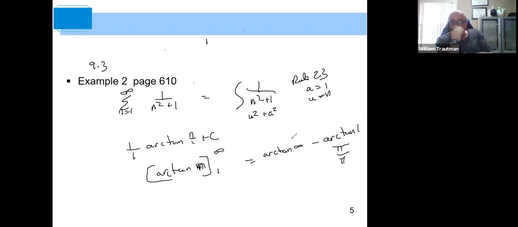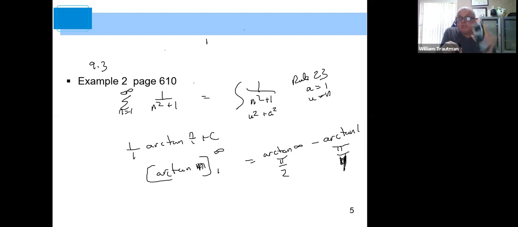I wasn't sure 100%. My trig is not that great either. I haven't taught pre-calculus in a long time. So I just went to my calculator, arctangent of 200, arctangent of 500. If you get closer and closer, you see that it's pi over 2.